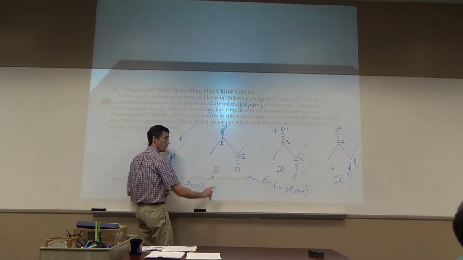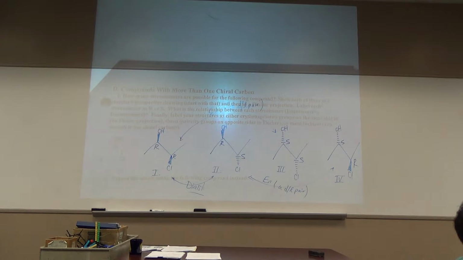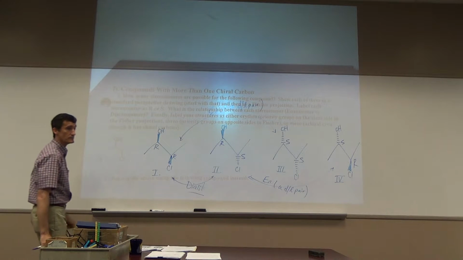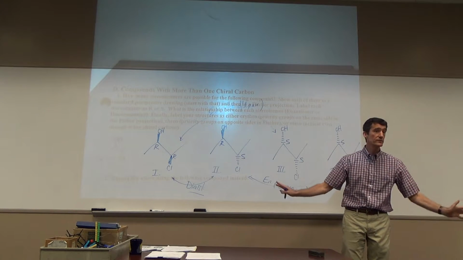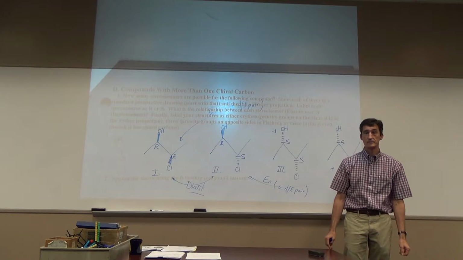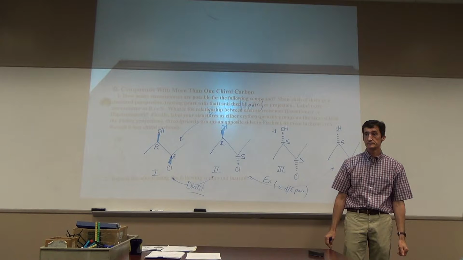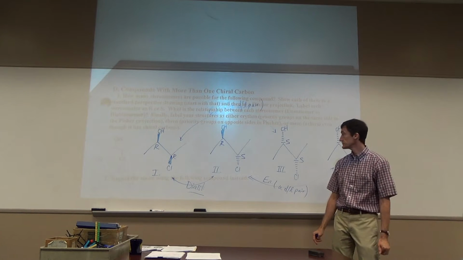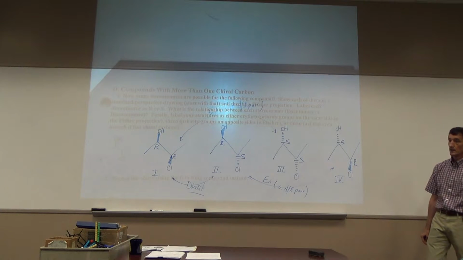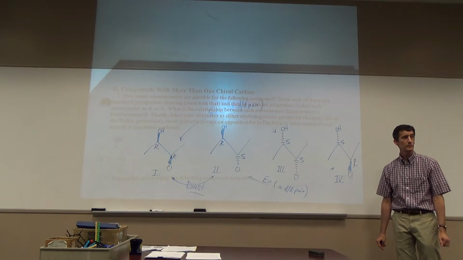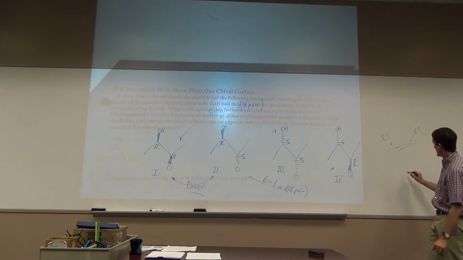Now, 1 and 2, do you expect those to have the same melting point, boiling point, density? No. Diastereomers have very different properties. Okay? We looked at that before, you don't need to write this down, you've got this already.